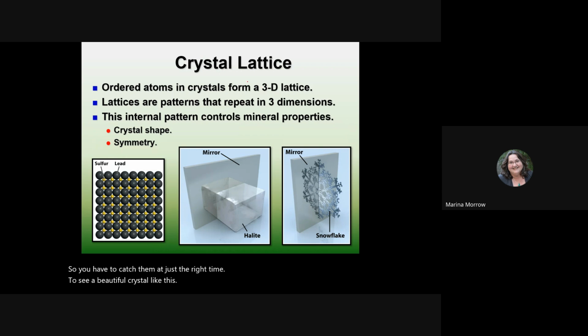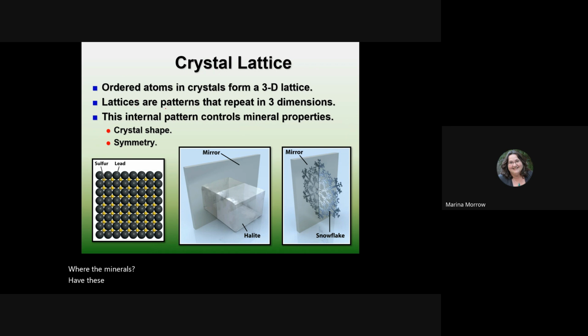Okay, so one of the things we're going to be looking at later is cleavage of minerals. And so the atoms form a 3D lattice. And later when we talk about cleavage, we'll talk about the way that the mineral will break along these lines where the minerals have these lattices.